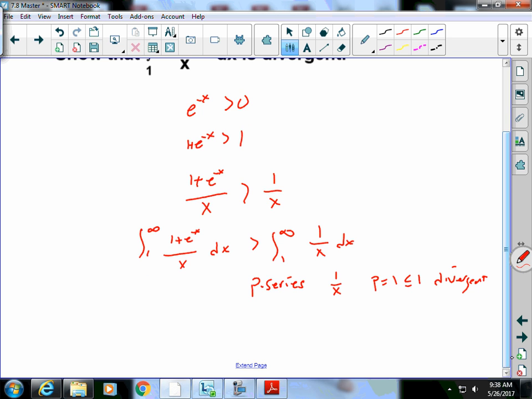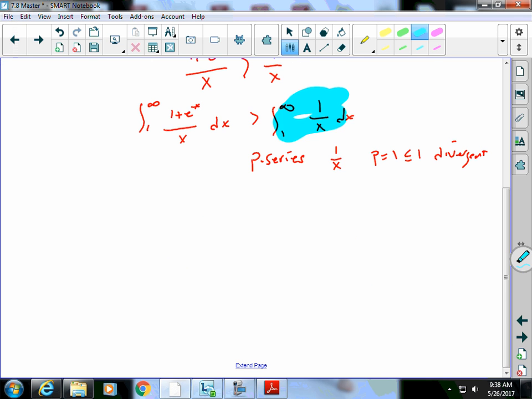If this one is smaller and it's divergent, then the larger one must be divergent. Therefore, by the comparison test, the integral from 1 through infinity of 1 plus e to the minus x over x dx diverges.